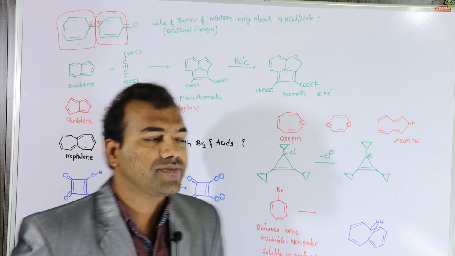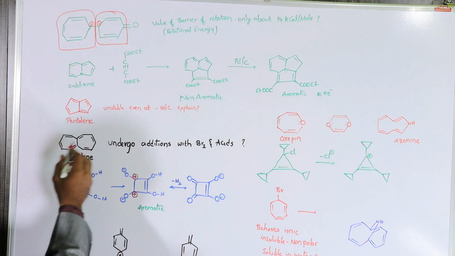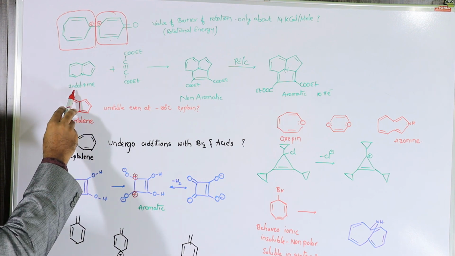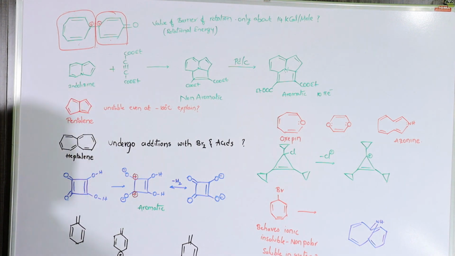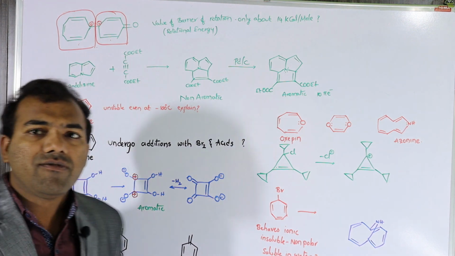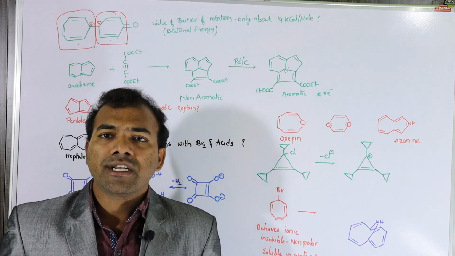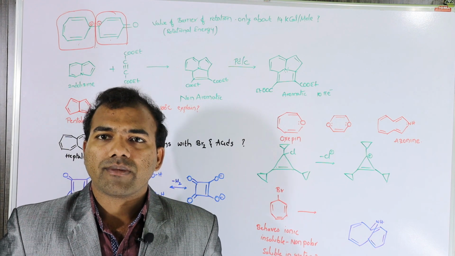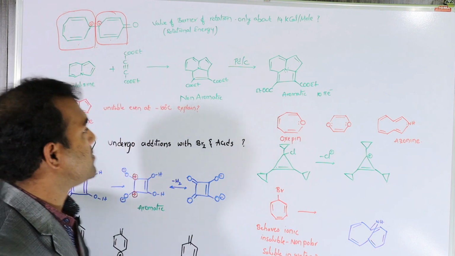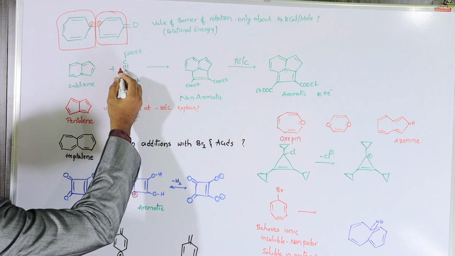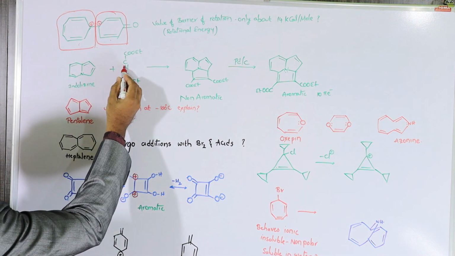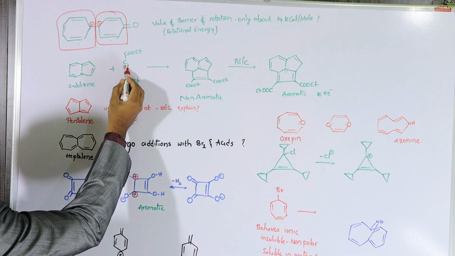Next example, take this compound, this is indolizine. So when we react the indolizine with an ethyl carboxy substituted acetylene molecule, what happens? Here you can see that there is a triple bond in this compound.